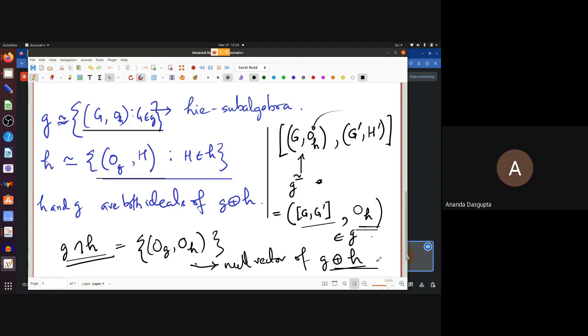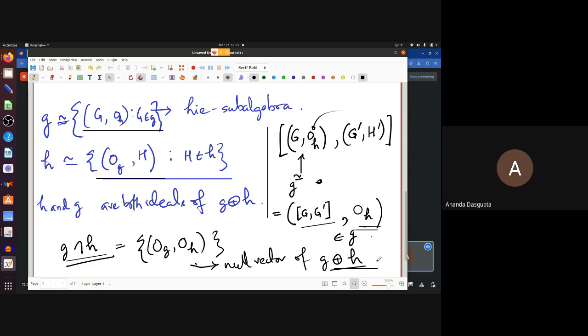So here what you have is two Lie algebras such that they don't have any intersection other than the null vector of the overall Lie algebra, G direct sum H, and they're both ideals of it. This is an important property that you have to remember about direct sums.